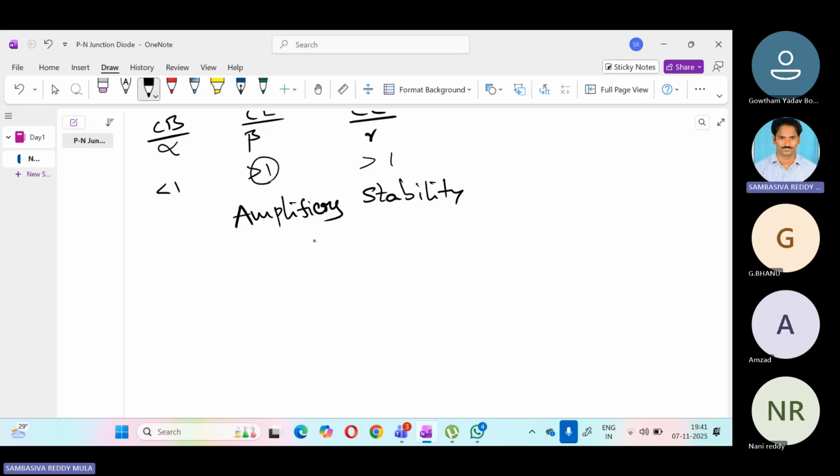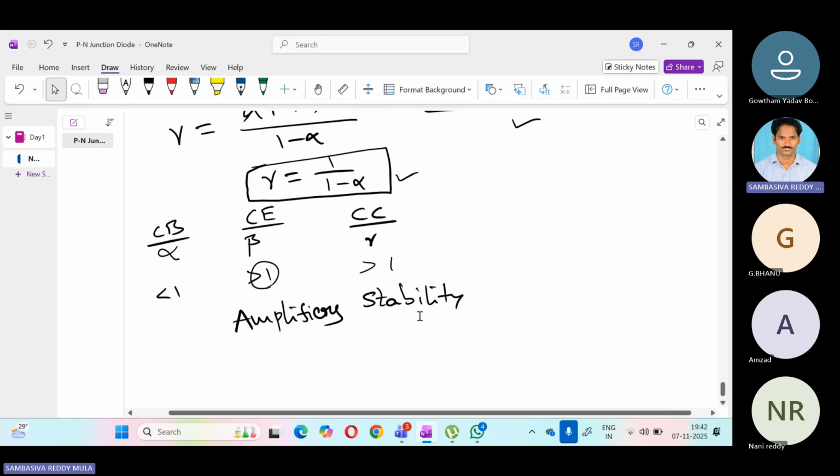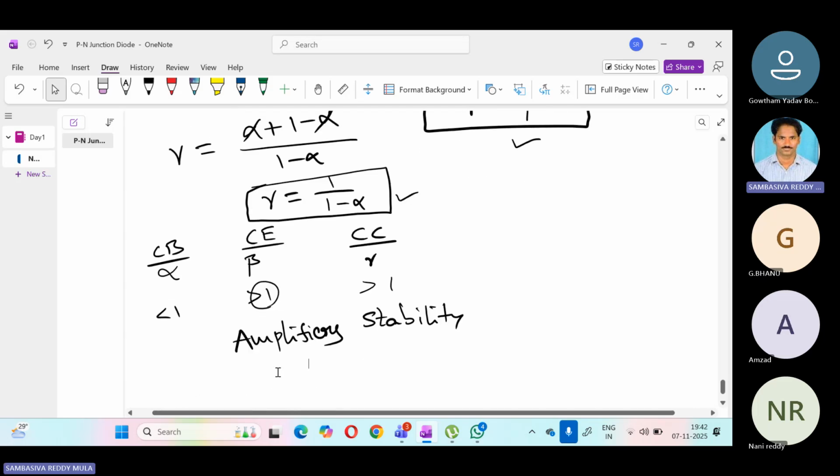You'll study the applications also. So the most commonly used configuration of transistor is the CE configuration. Generally, if you purchase any transistor, they mention the beta value, like a specification. So this is the so-and-so transistor, and its beta is this one.